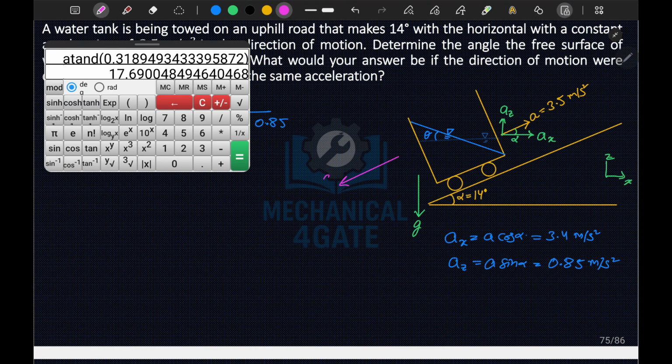In that case you will obtain this as your ax and this as your az. Due to the acceleration being in this direction, this angle will be your alpha, and your free surface will be something like this.